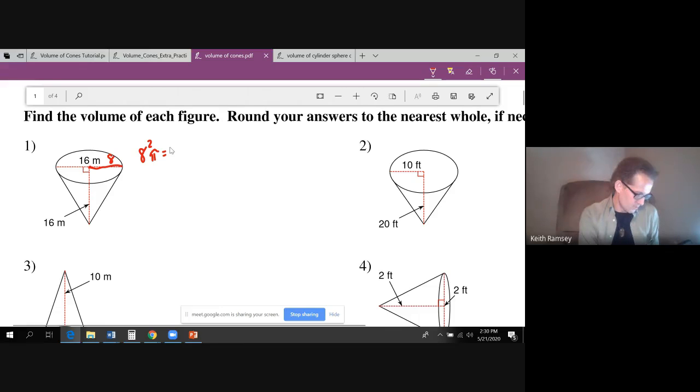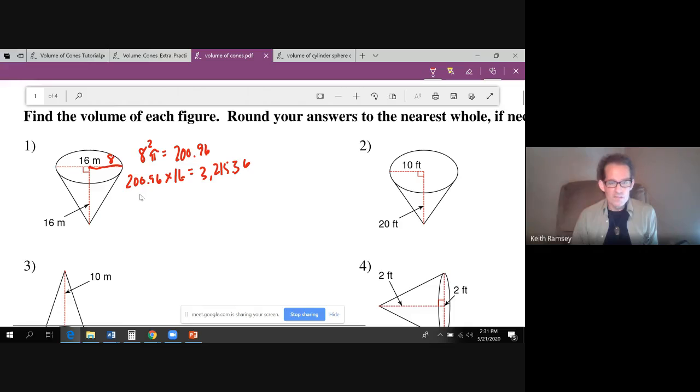So 64 times pi is going to equal 200.96. And then I'll multiply the base of my cone, the area of the base, times the height. So 200.96 times 16 is going to equal 3,215.36.